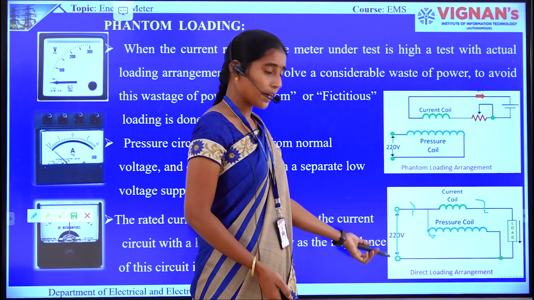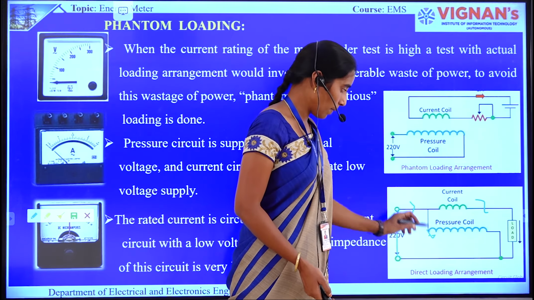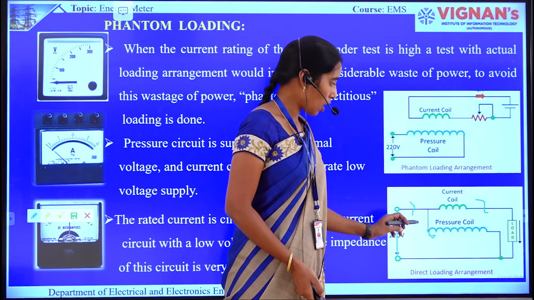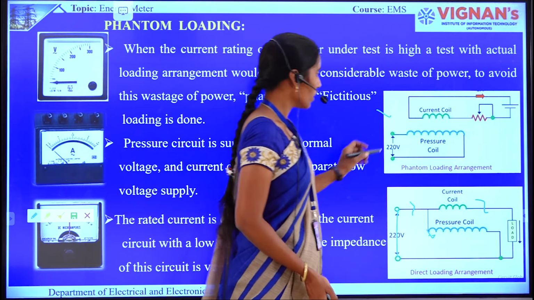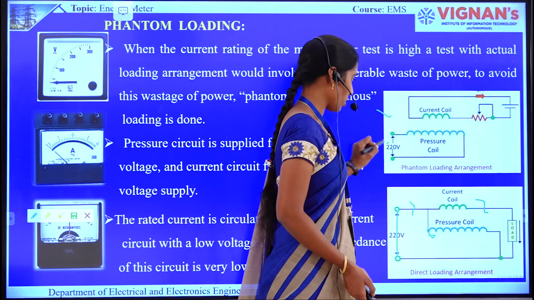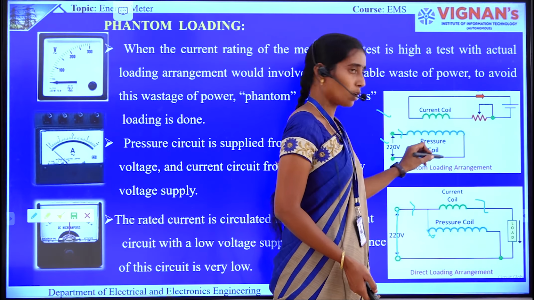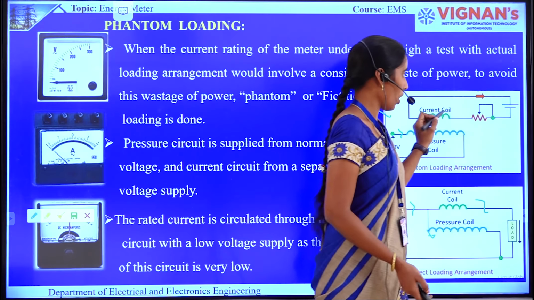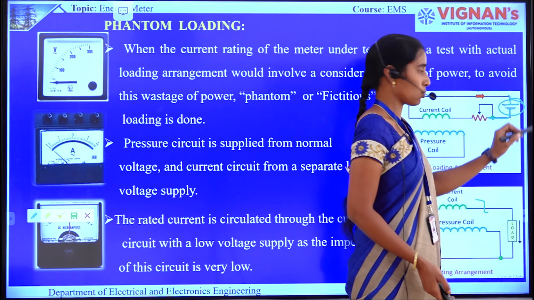But when we are testing a high rated instrument, a large amount of power gets wasted. So in order to avoid that, we go for the phantom loading arrangement, in which your pressure coil is connected across the supply, so the maximum rated voltage passes through your pressure coil, and your current coil is connected across a small DC source.